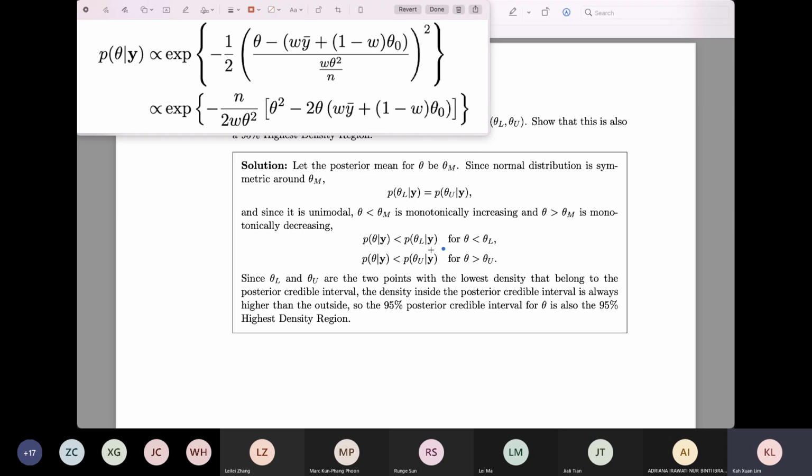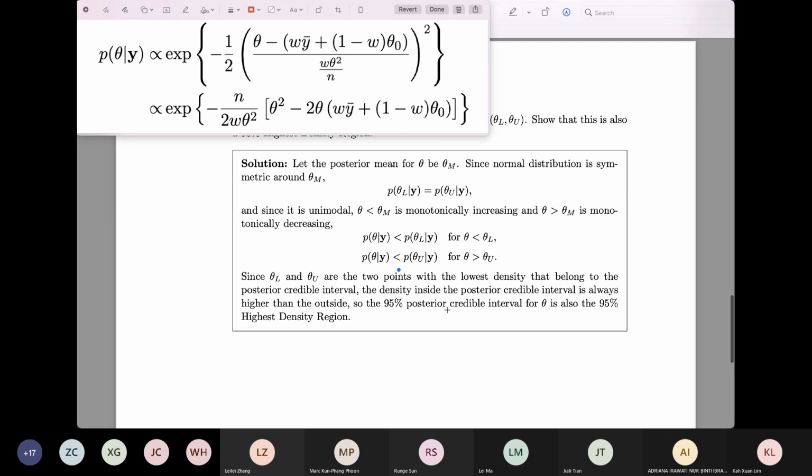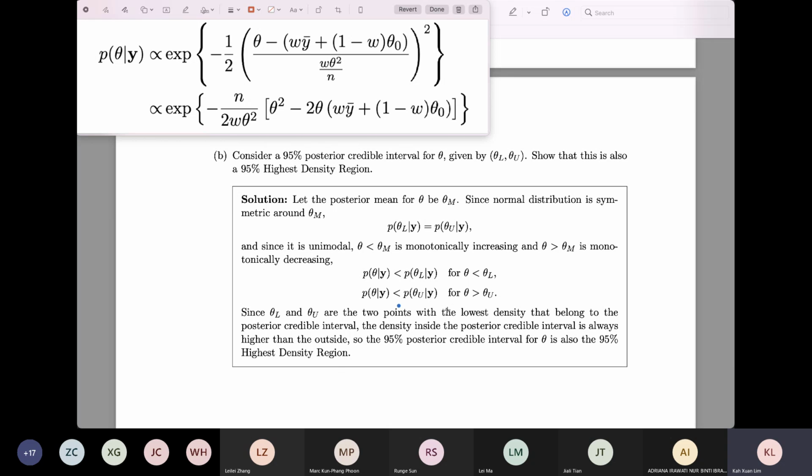And everything on the right-hand side of the upper bound is lower than everything between the mean and the upper bound. So we can see that the density inside the credible interval is always higher than the outside. So these two intervals are equivalent. Yeah, and that's question 2B.